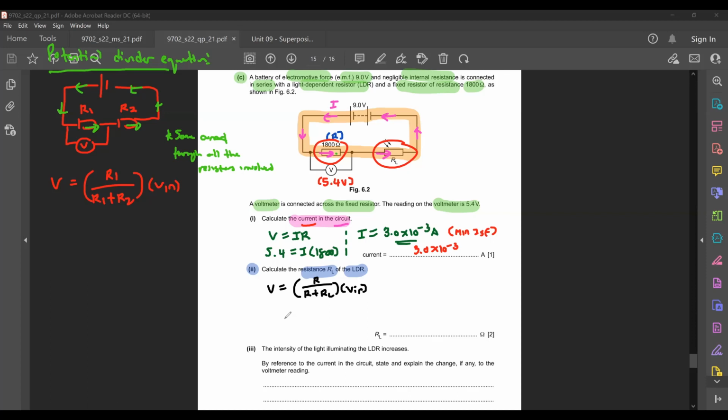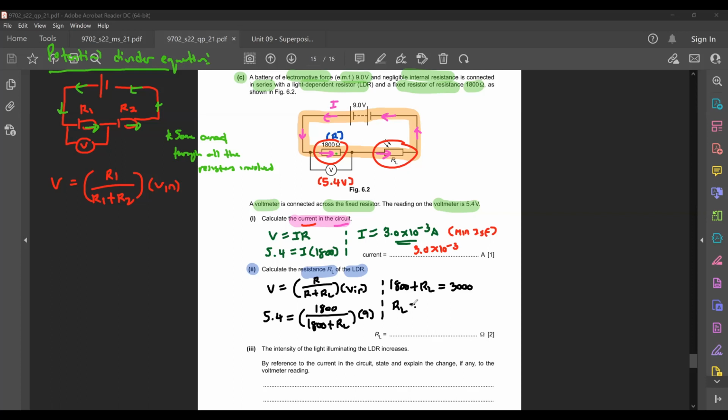So if I sum in the values now, this one would be 5.4 equals 1,800 over 1,800 plus RL times 9. Then this one will work out to 1,800 times 9 divided by 5.4. This will give me 1,800 plus RL equals 3000.